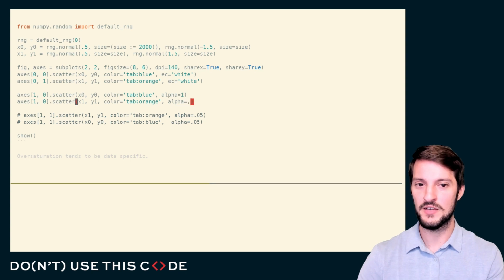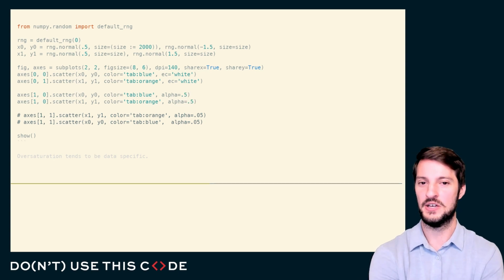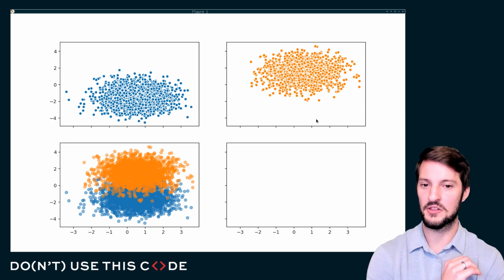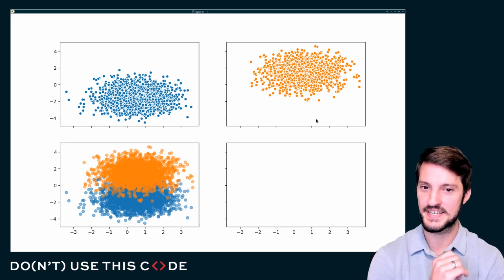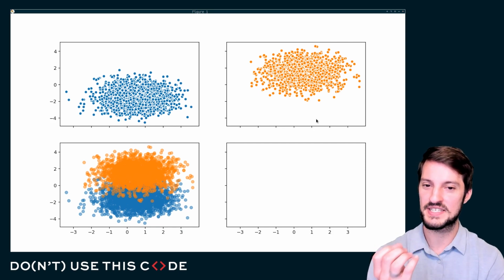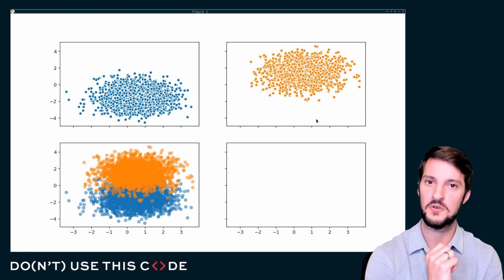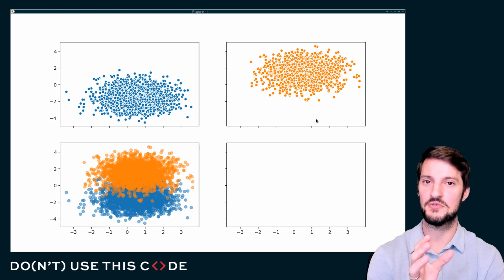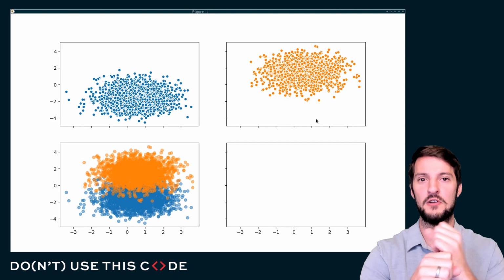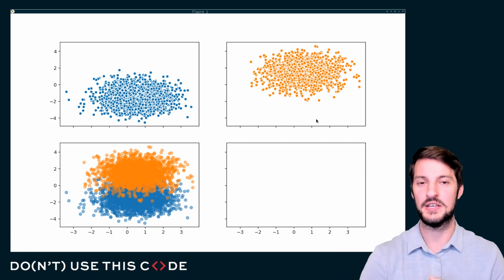But if I just bump that down to half, alpha is now 0.5, we can start to see maybe a little bit more of those blue points existing under those orange points, but we still have this huge oversaturation problem. And oversaturation is whenever we have so many overlapping data points that we can't see the underlying ones, especially when it comes to trying to blend different colors.